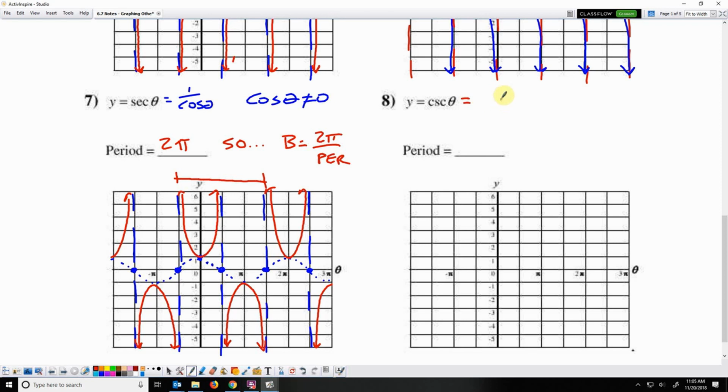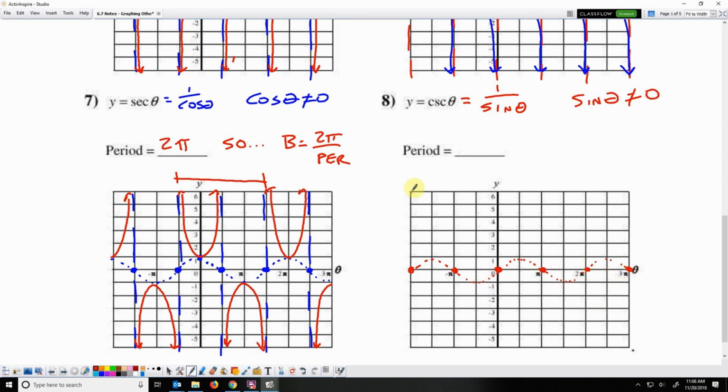So y equals cosecant theta is the same as 1 over sine theta. So sine theta cannot equal 0. So we'll start this graph on its axis. So there's a sine wave, and every time that wave touches its own axis, it equals 0.